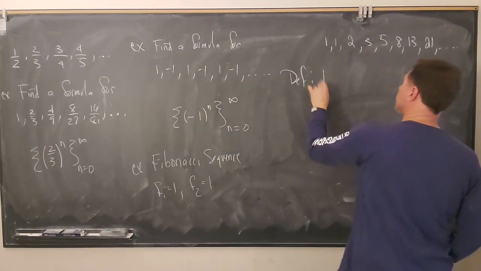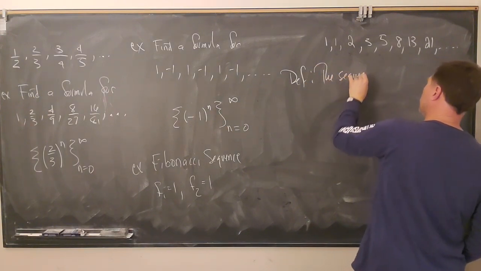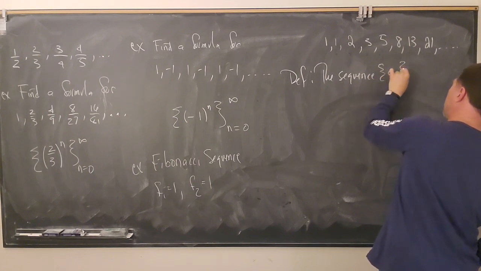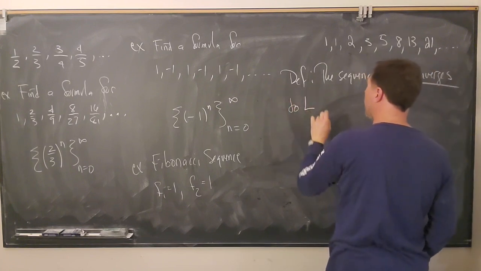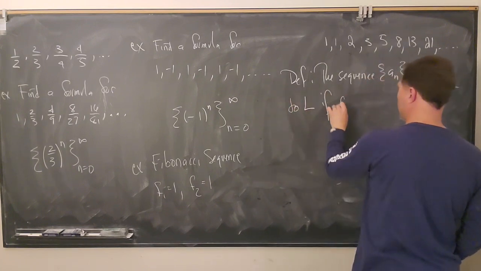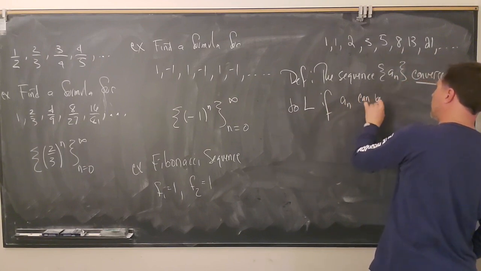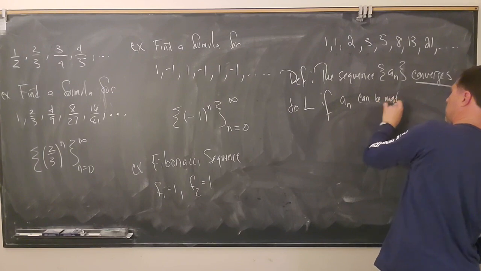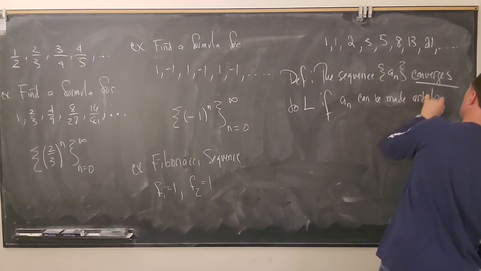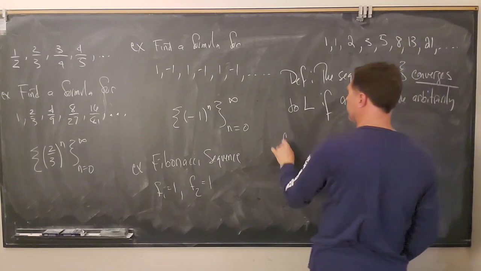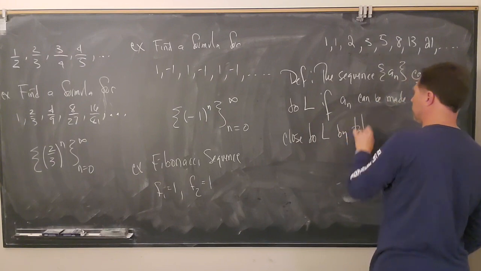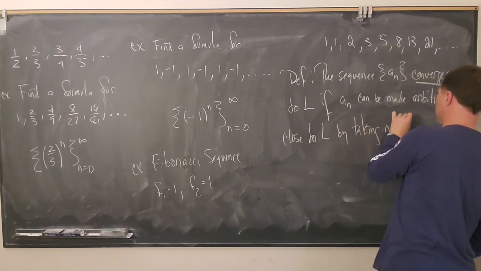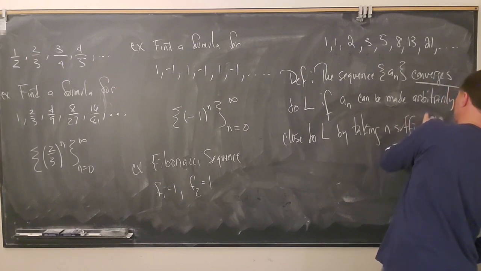The sequence a sub n converges to L if a sub n can be made arbitrarily close to L by taking n sufficiently large.